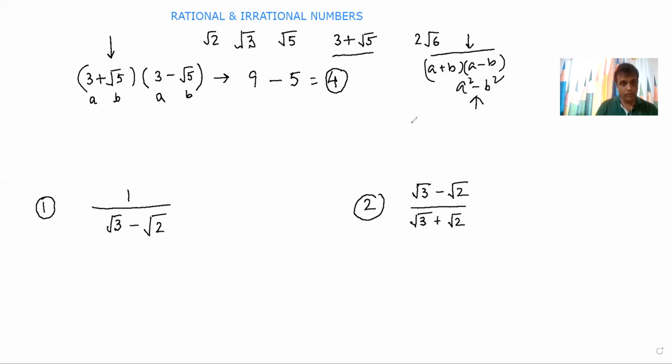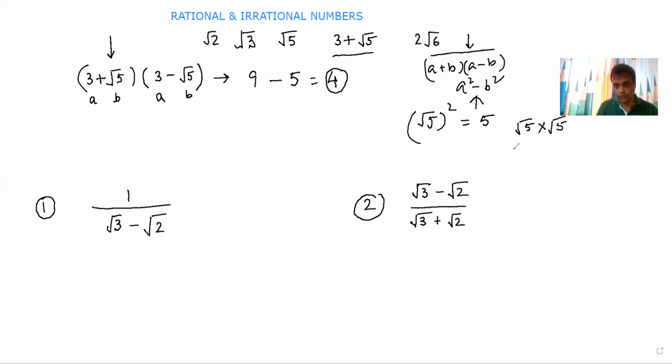Now, an important thing before I move on to these two questions is that I did root 5 square. Some students are not able to understand how root 5 square is 5. See, root 5 square can be written as root 5 into root 5, isn't it?